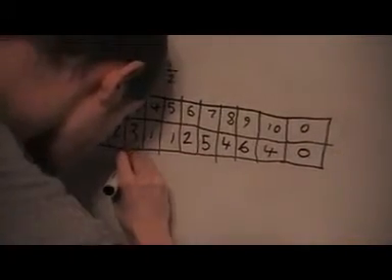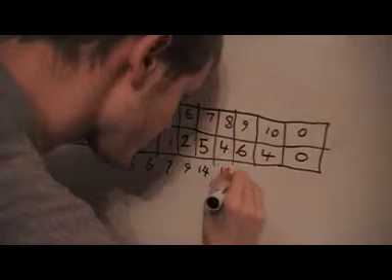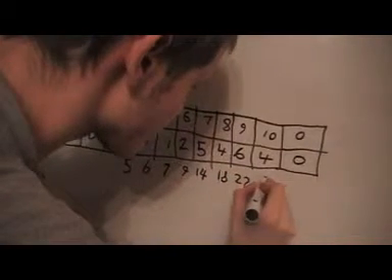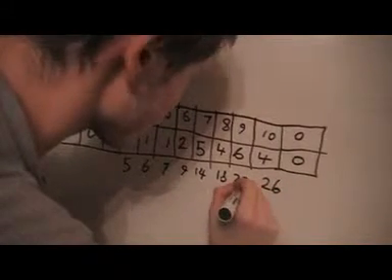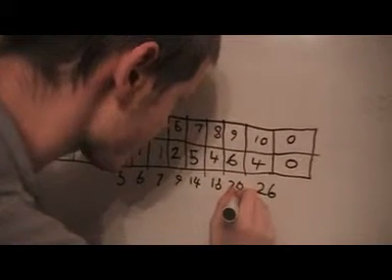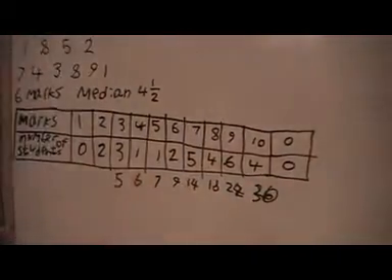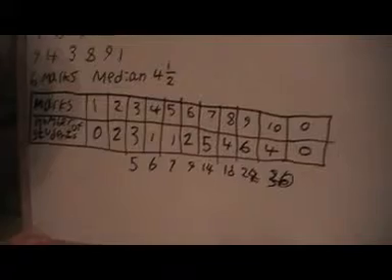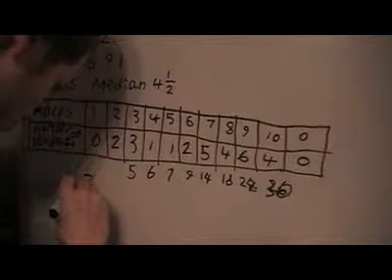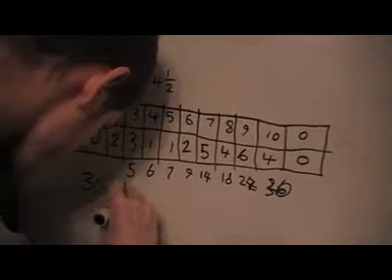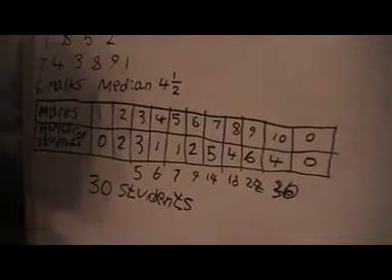So let's just put numbers here: 5, 6, 7, 9, and that's 30. So there's 30 numbers here, there's 30 students, because we've just added that up.